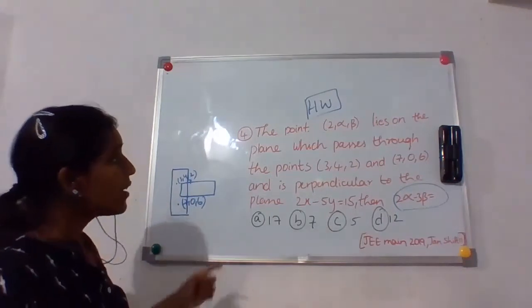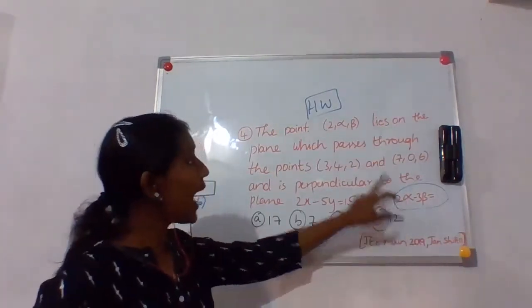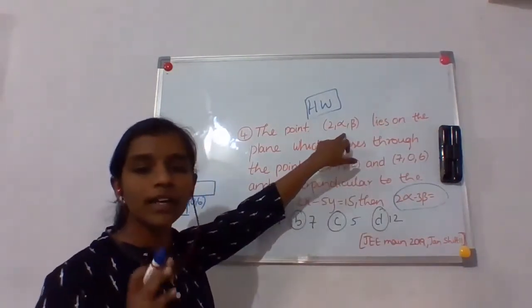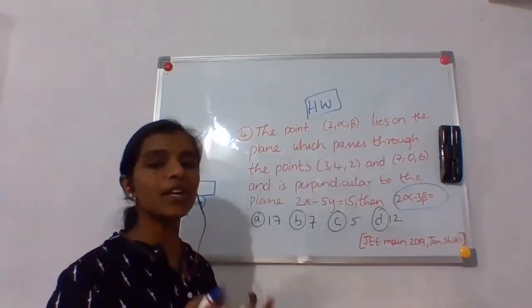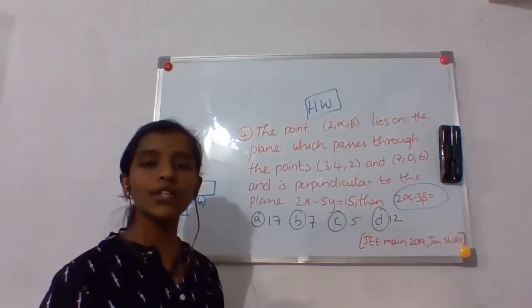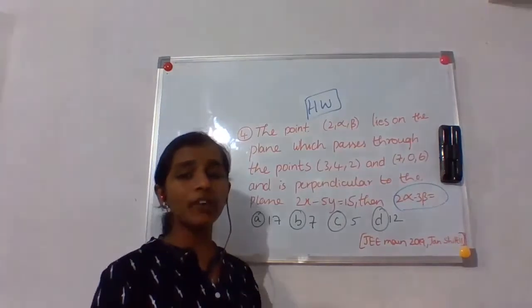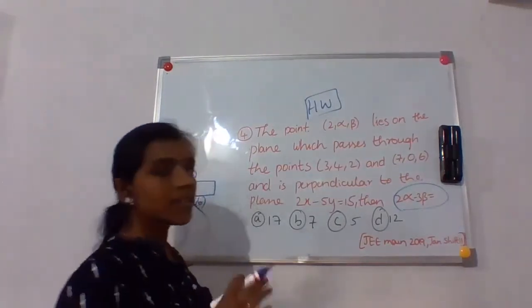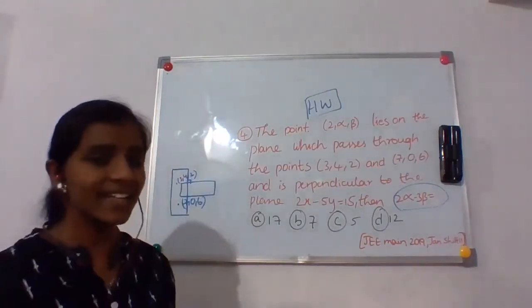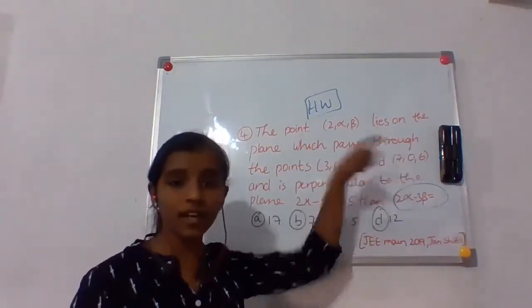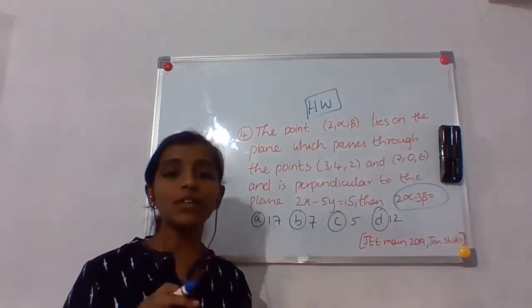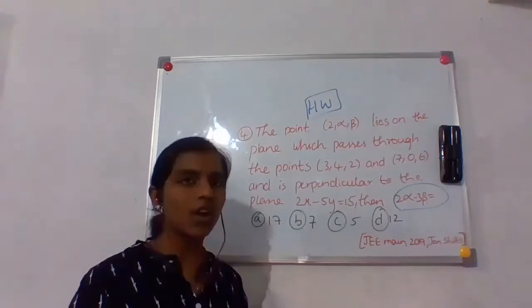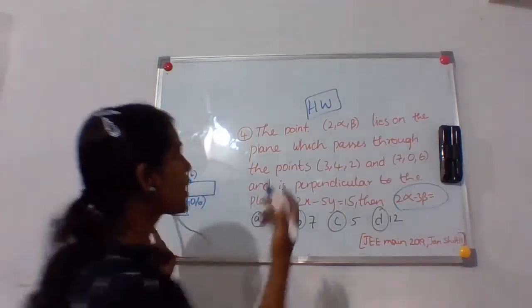To find that relation, I must substitute this point in the required plane. To substitute, first I need to find the equation of the plane. Am I right? So how do I find the equation of the plane? I can clearly see that I have 2 points over here, so I can easily use the point form. What is the point form?